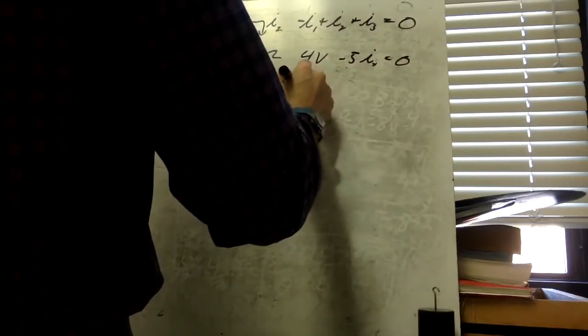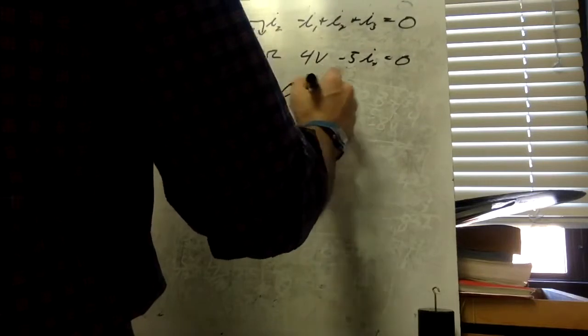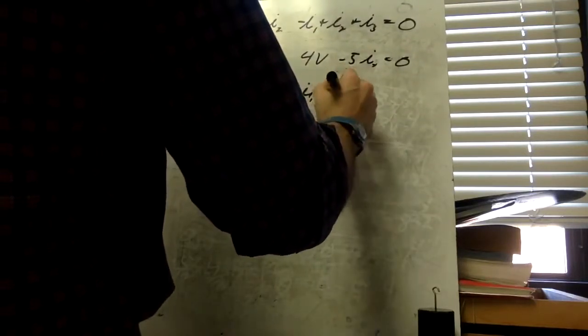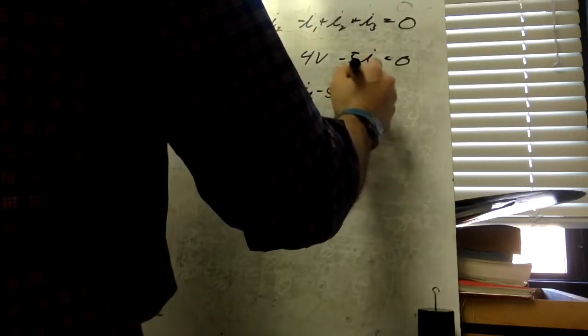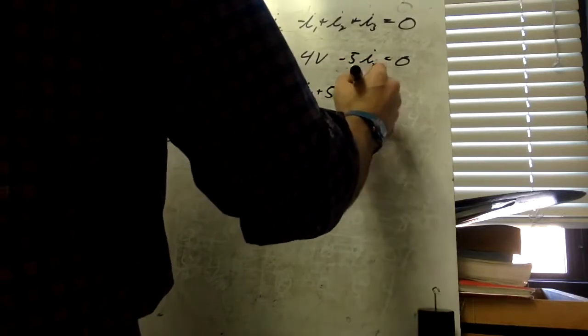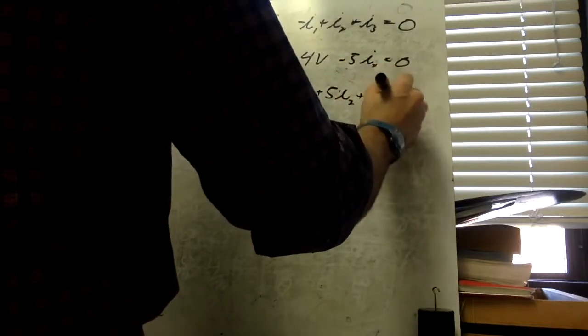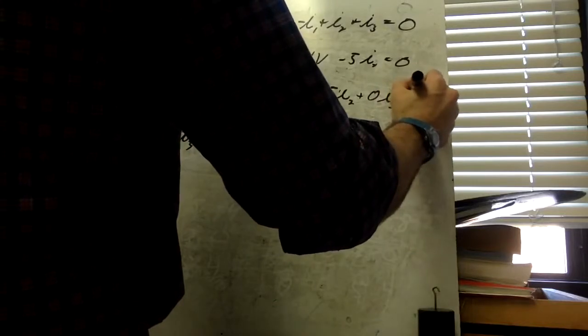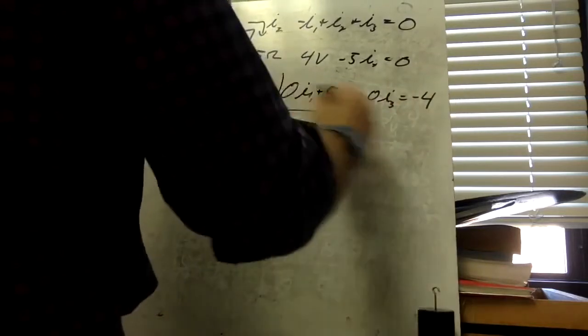And so this is 0I1 minus 5I2. We'll make this plus. Plus 0I3 equals negative 4. All right, so here's my next equation.